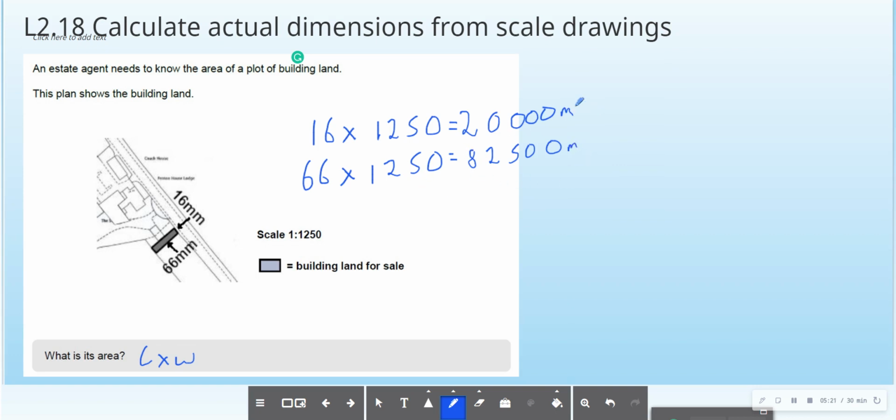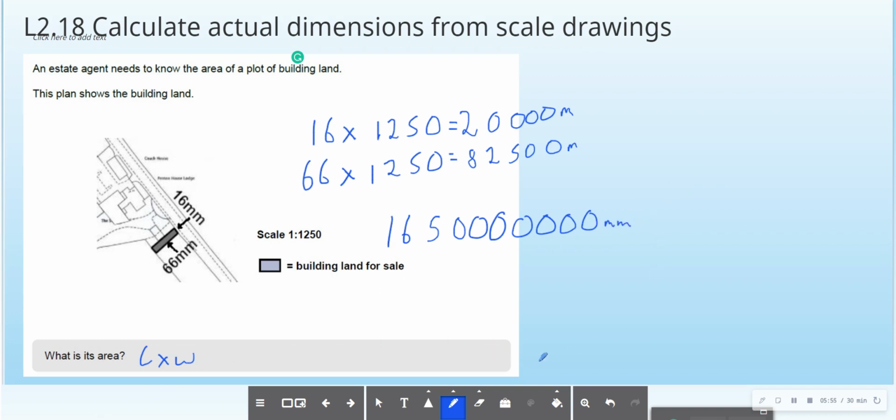To work out the area, we're going to multiply these together. 20,000 times 82,500 gives me 165,000,000,000 millimeters squared.